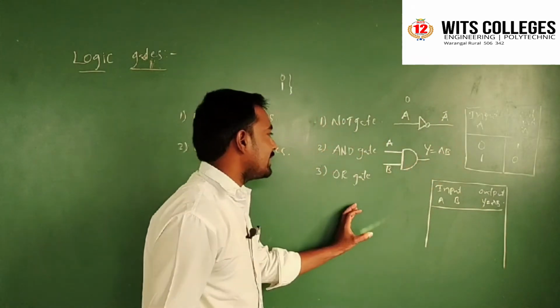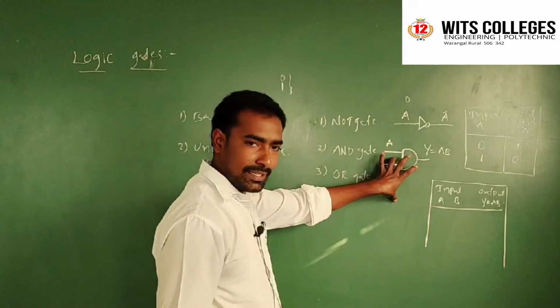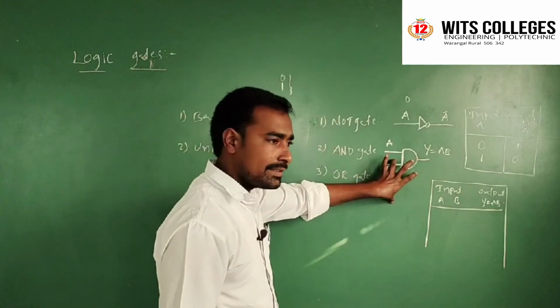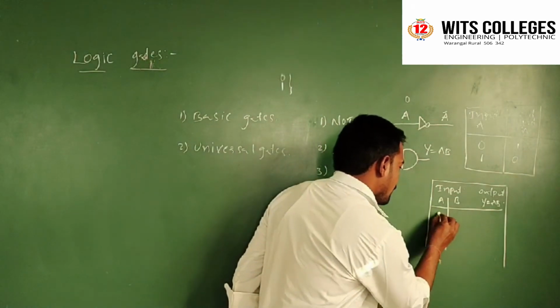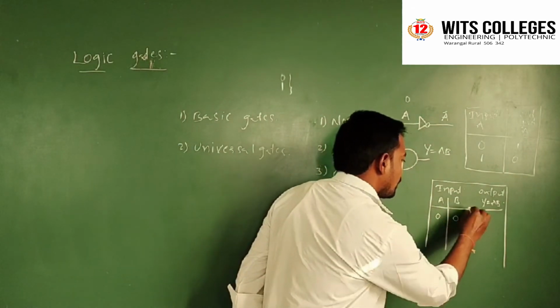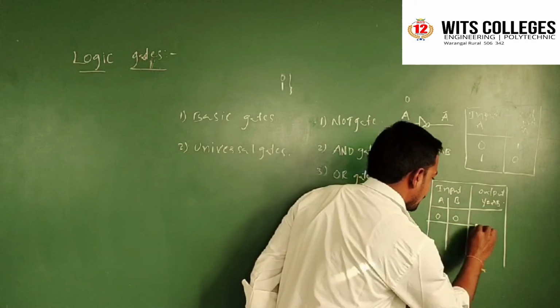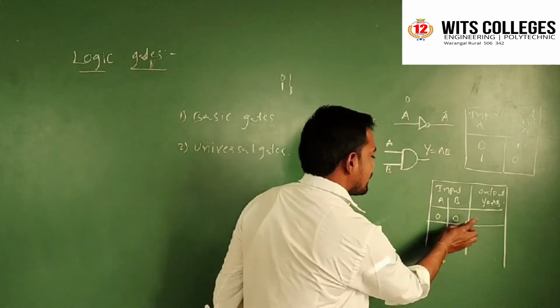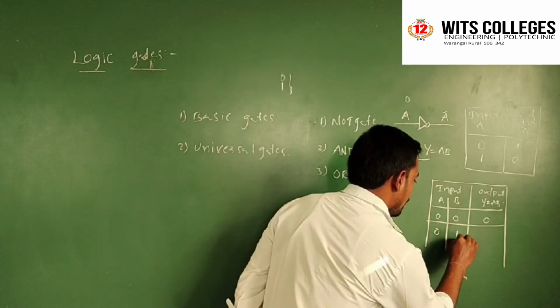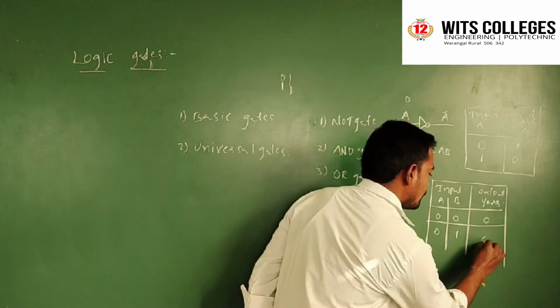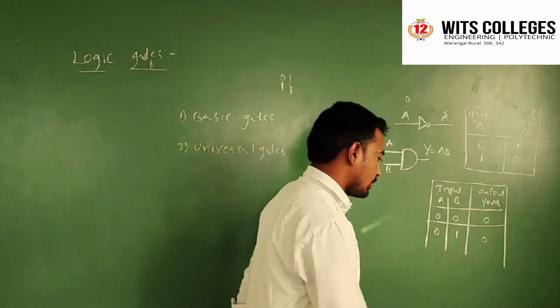We already discussed binary multiplication and binary addition. In this binary multiplication, we give 0, 0 as inputs, and 0 cross 0 is equal to 0 output. Again 0, 1: 0 cross 1 is equal to 0.